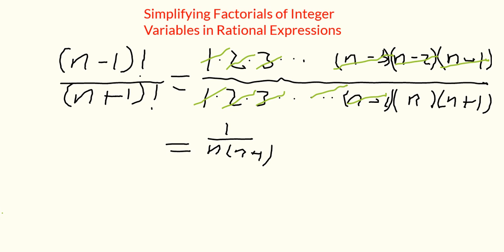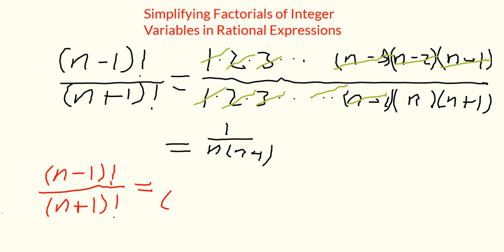But, using the same trick from last time, we could go ahead and identify that the n plus 1 on the bottom must be bigger than n minus 1 in the numerator. Because n plus 1 is bigger, we could go ahead and expand that out until we get the factors to match up.